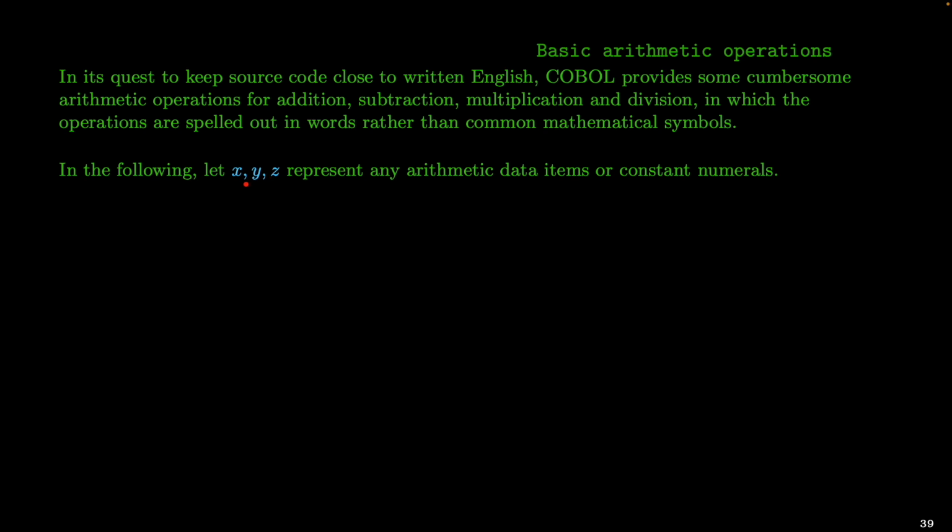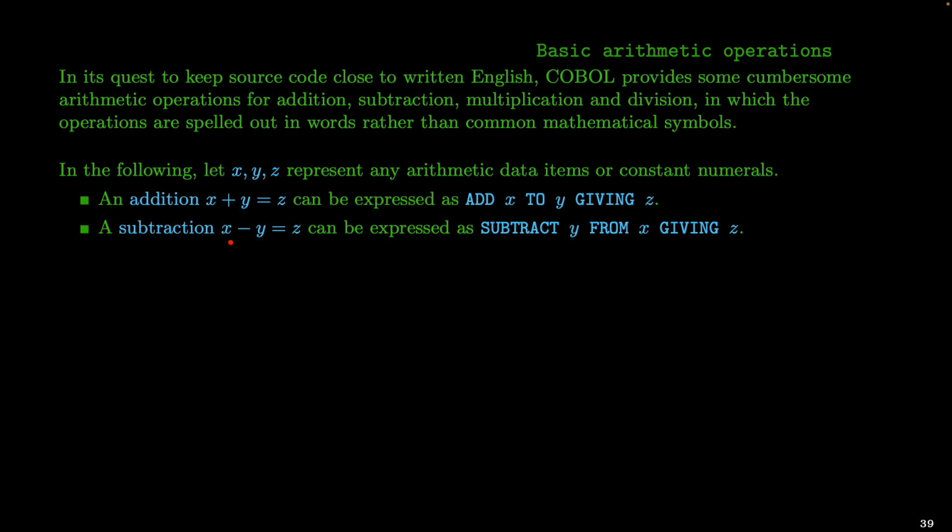So let me show you that. X, Y, Z should represent arithmetic data items or constant numerals in the following. And in addition, X plus Y equal to Z can be expressed in COBOL as add X to Y giving Z. That's self-explanatory, but it's very wordy and much longer than just writing down a formula like this.